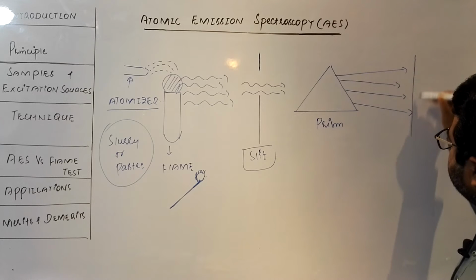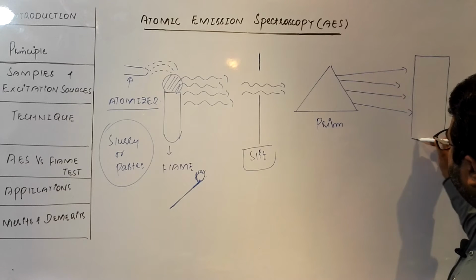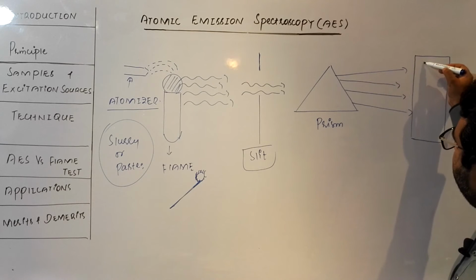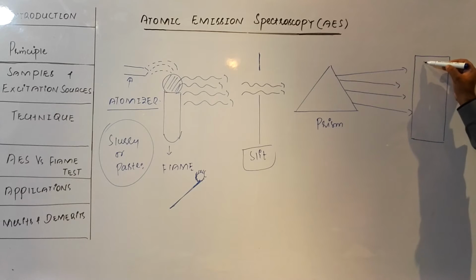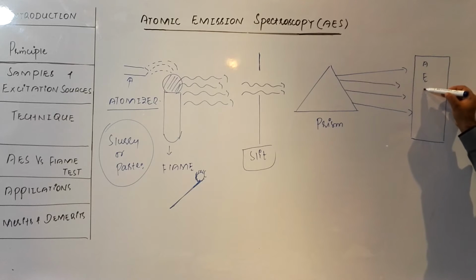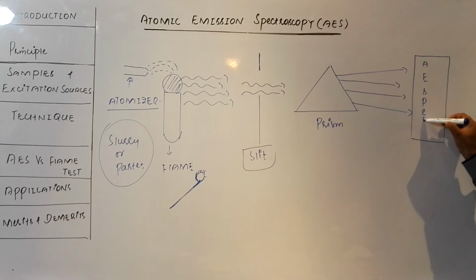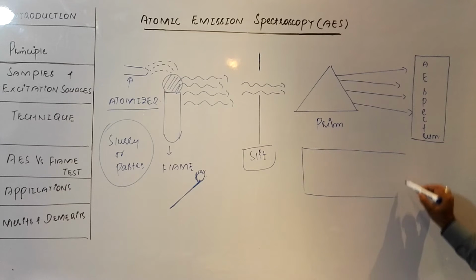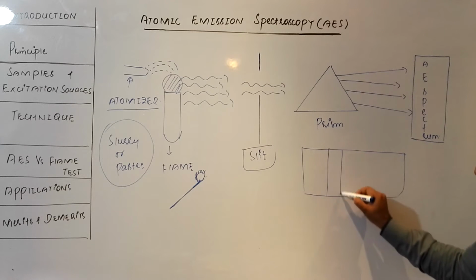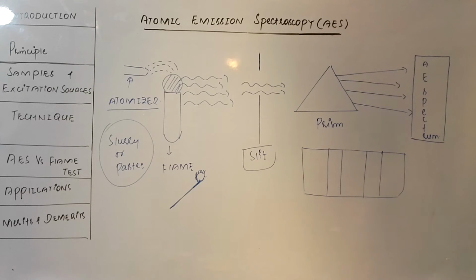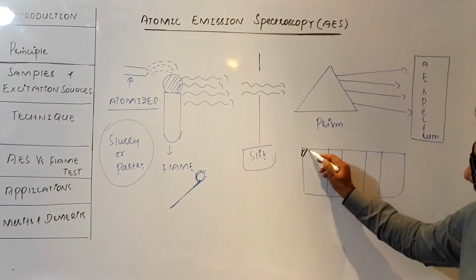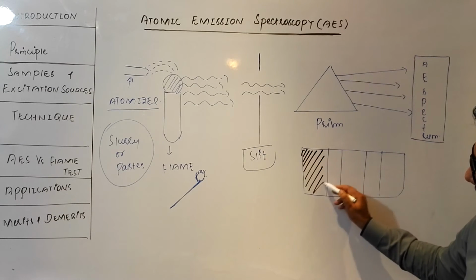And when they are dispersed, there is a plate on which a visual display is produced, and that visual display is called the atomic emission spectrum. Now this atomic emission spectrum will be having spectral lines, and these spectral lines will be bright while the background will be dark.